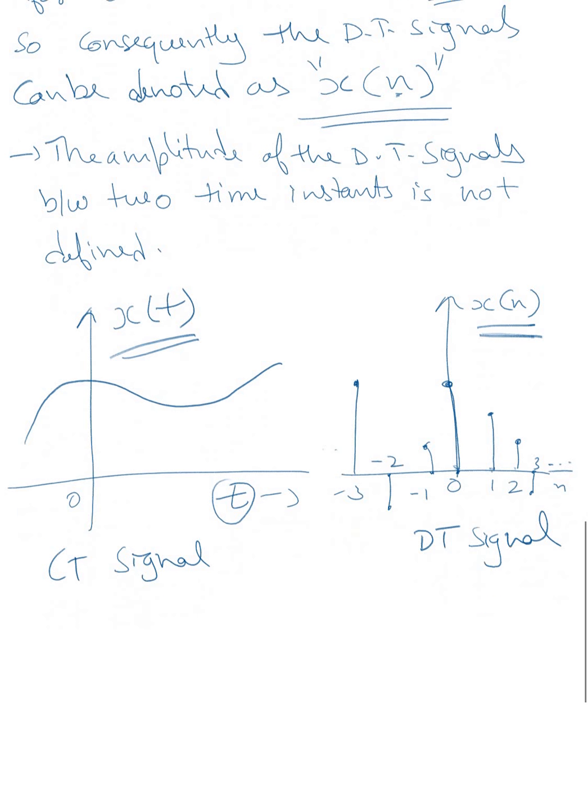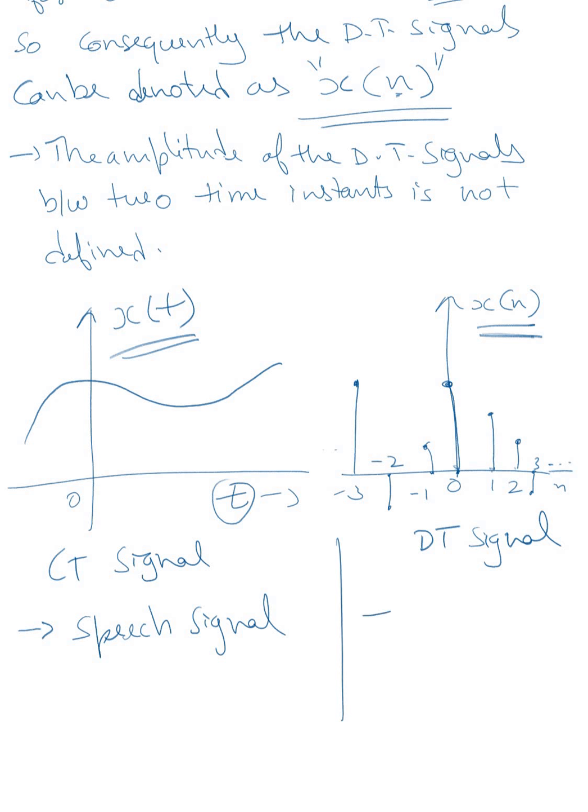We can take some real life examples of continuous time signals and discrete time signals. The speech signal as a function of time is an example of a continuous time signal.